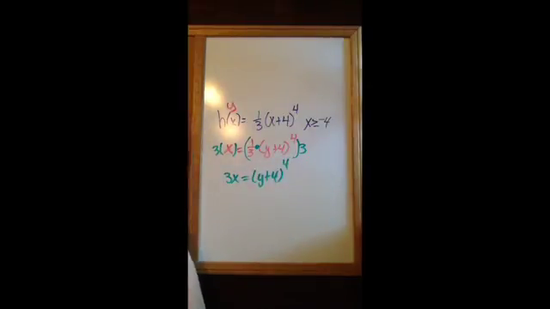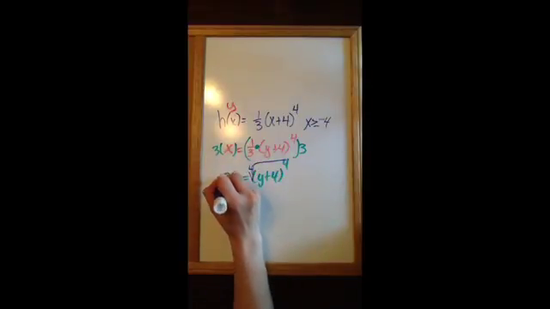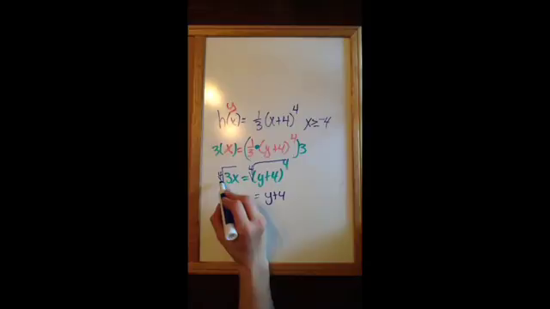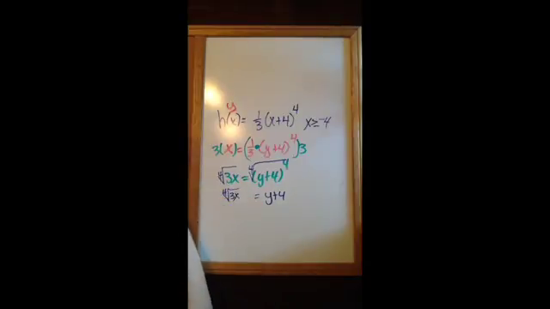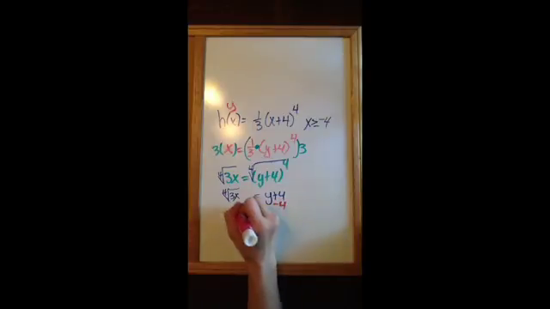So to undo the fourth power, I take what we call the fourth root. So my index is just a 4. The fourth power and the fourth root undo each other, and I'm left with y plus 4. So here I have the fourth root of 3x. Then, since this was in parentheses, I'm going to start over with my Please Excuse My Dear Aunt Sally, so I'm going to subtract 4.